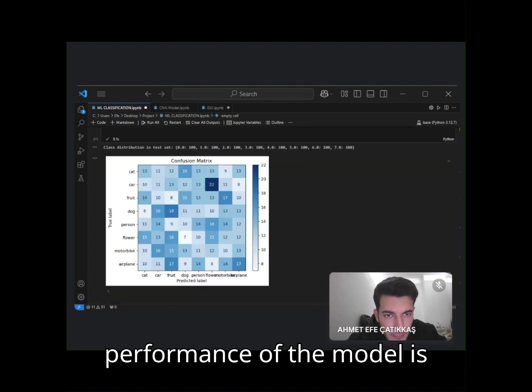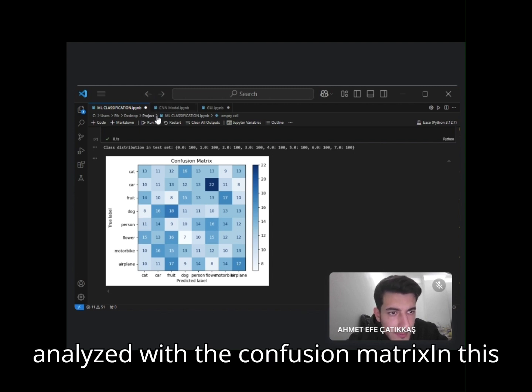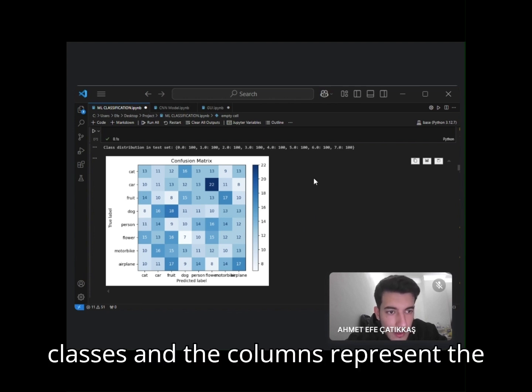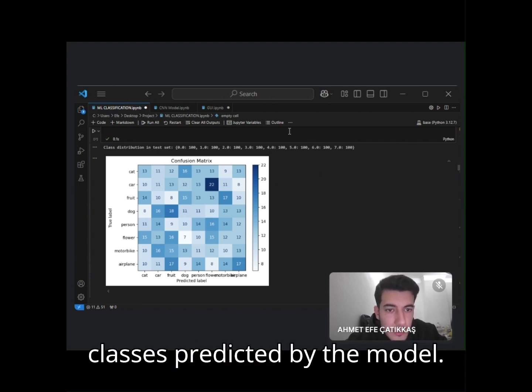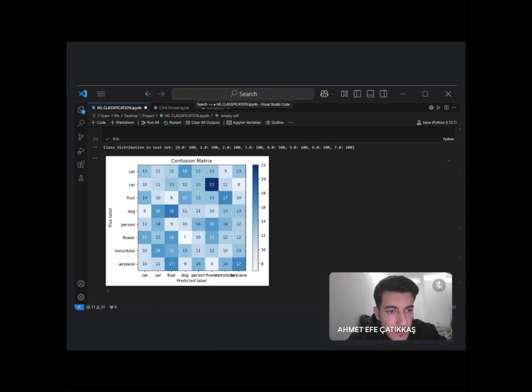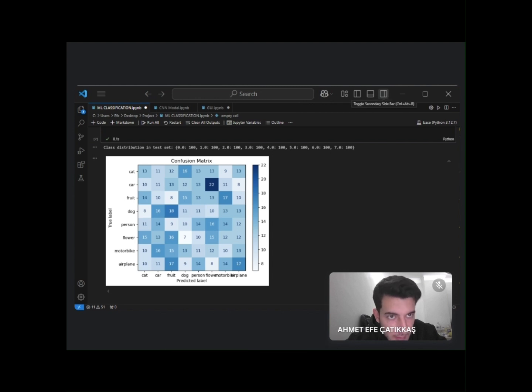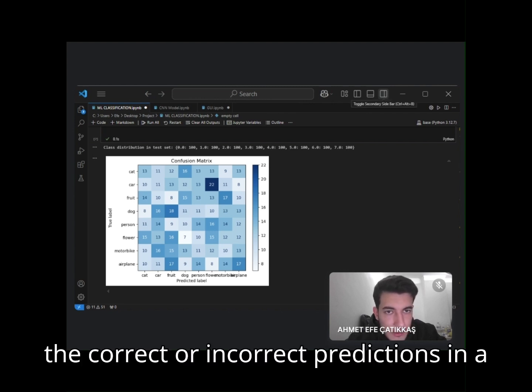Confusion matrix. The performance of the model is analyzed with the confusion matrix. In this matrix, the rows represent the actual classes and the columns represent the classes predicted by the model. Each cell shows the correct or incorrect predictions in a class.